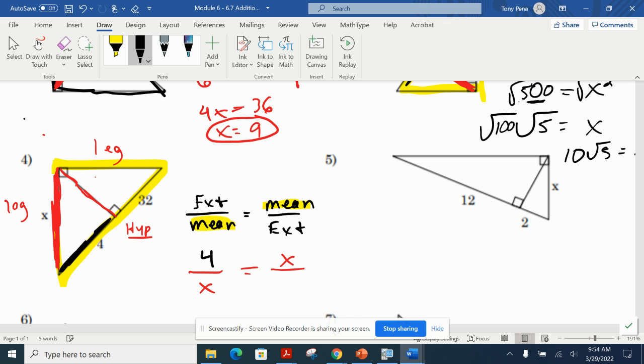So that's one of the numbers we're looking for the mean between. And then it said the overall hypotenuse, this entire length of this entire segment here. That would be what? 36. The 4 and the 32 together give us that full hypotenuse. So we would put a 36 right there.